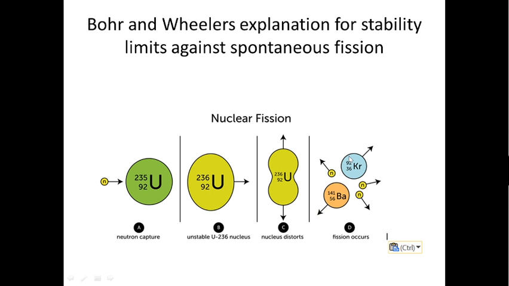Now, let's understand a slightly different explanation which was suggested by Bohr and Wheeler. These two gentlemen again used the liquid drop model only, but a very simplified explanation which could give you a refined value of the stability limit. They considered the nucleus and equated it to a liquid drop, just as we have been doing in the liquid drop model.